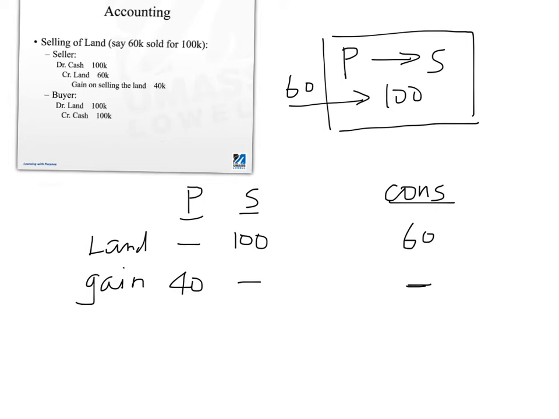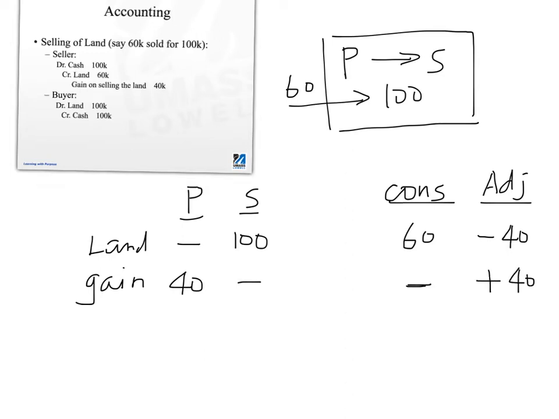From this chart, we can see that there is adjustment needed for each row. For the land, it was 100 on the subsidiary's book, but on the consolidated financial statement, it's 60. So we actually need to adjust for negative 40, which is a credit 40 to the land. The gain should be gone. So the gain has a credit balance, we need to debit 40, right?